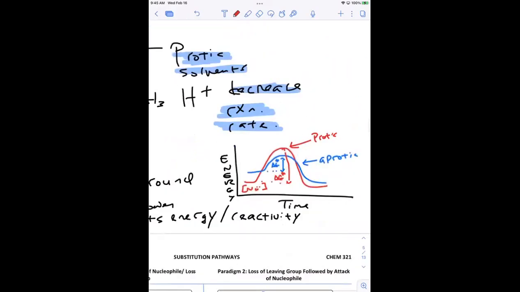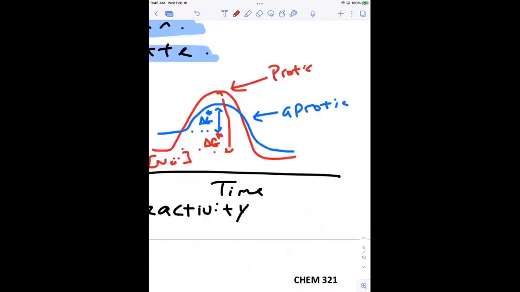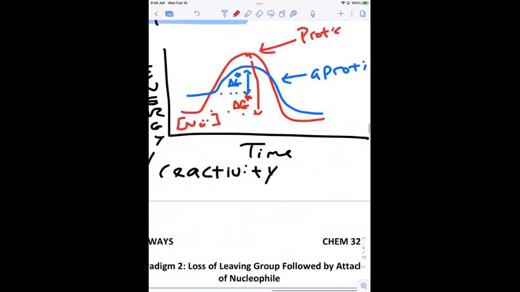So the protic solvent lowers the energy of that nucleophile, and at the same time you increase the activation energy. So let me put that in here.